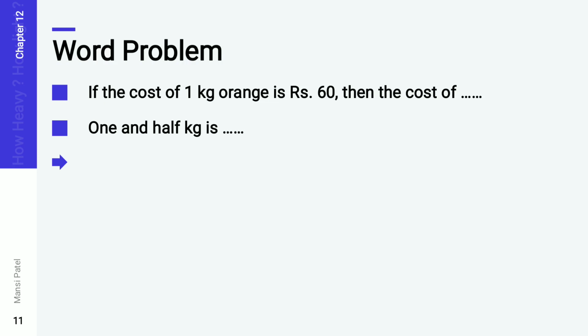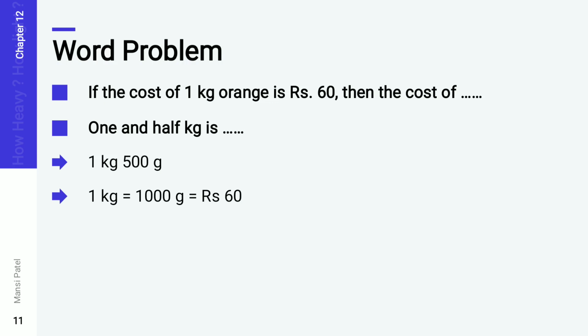So, first of all, you have to know what is the meaning of 1.5 kg. 1 means 1 whole kg, and half kg means how many grams are there? 500 grams are there. So here you have to find out the cost for 1 kilogram and 500 gram.